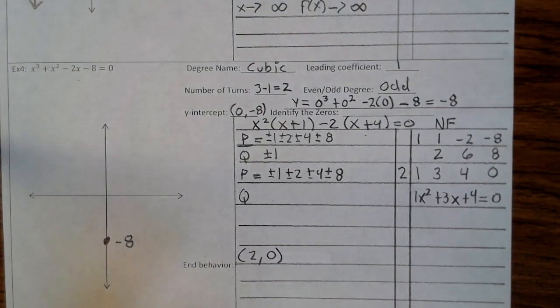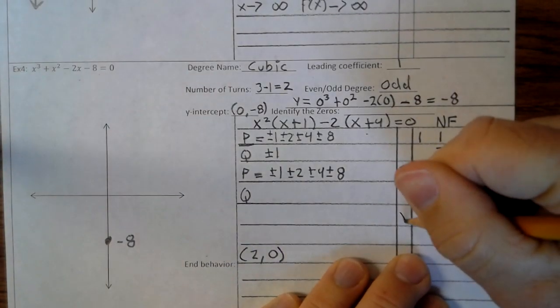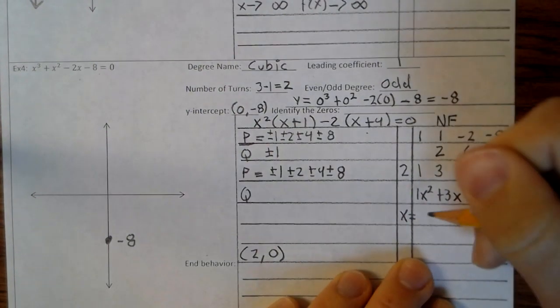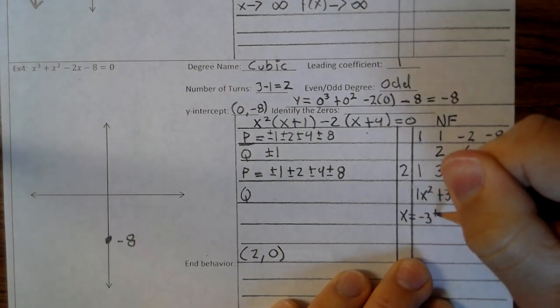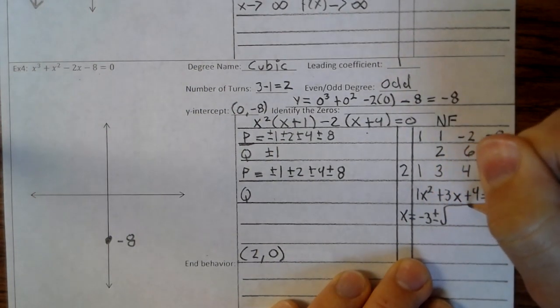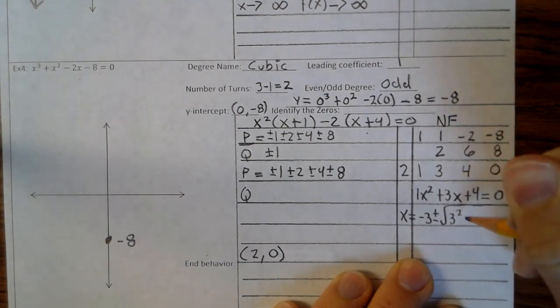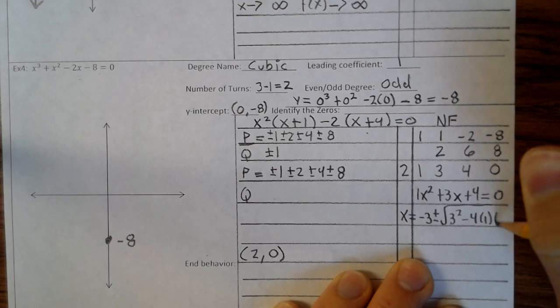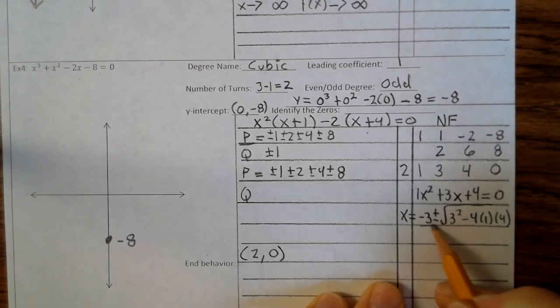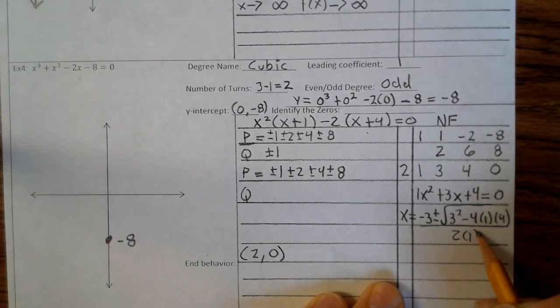Now, I'm just letting you know that this isn't factorable, so we're going to use the quadratic formula. Okay, so x equals negative 3 plus or minus the square root of 3 squared minus 4 times 1 times 4, divided by 2 times 1.